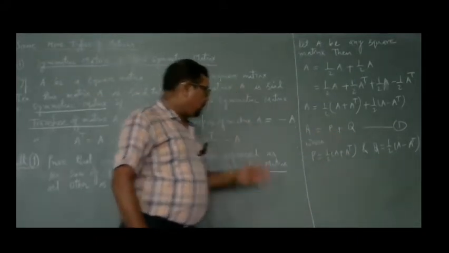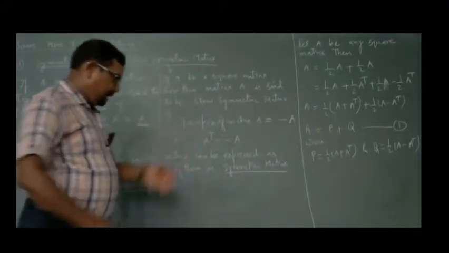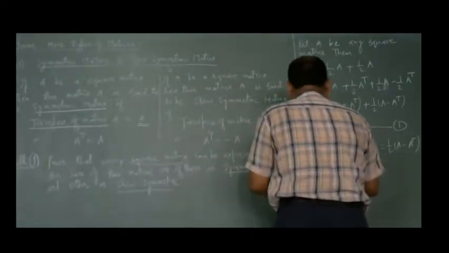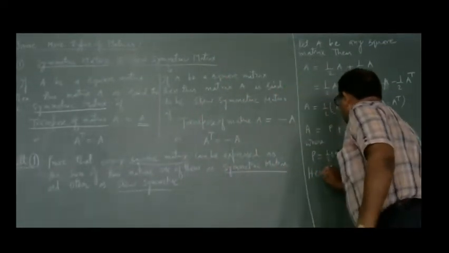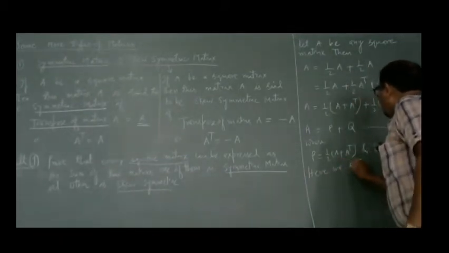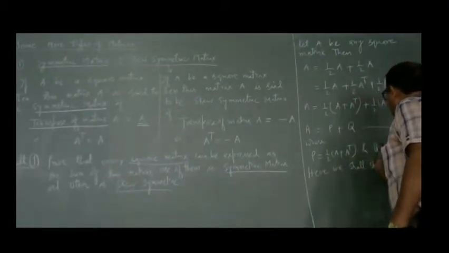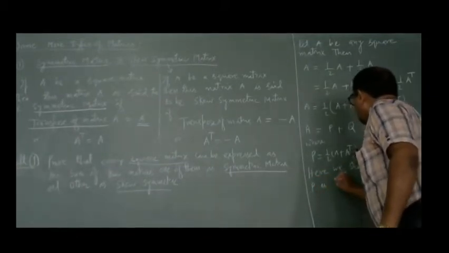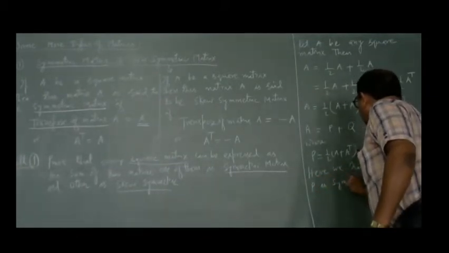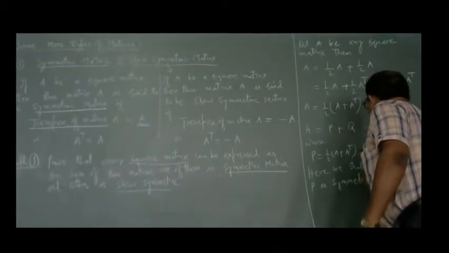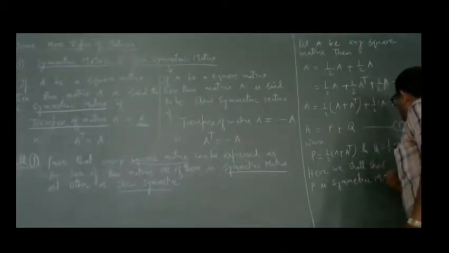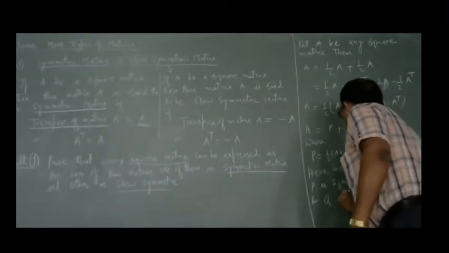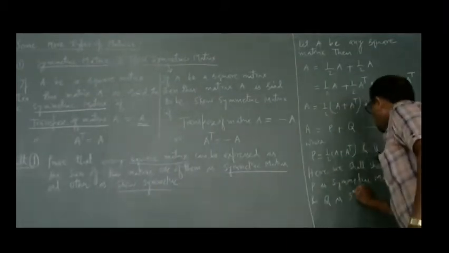So now look at the remaining part. We shall show P is a symmetric matrix and Q is a skew symmetric matrix.